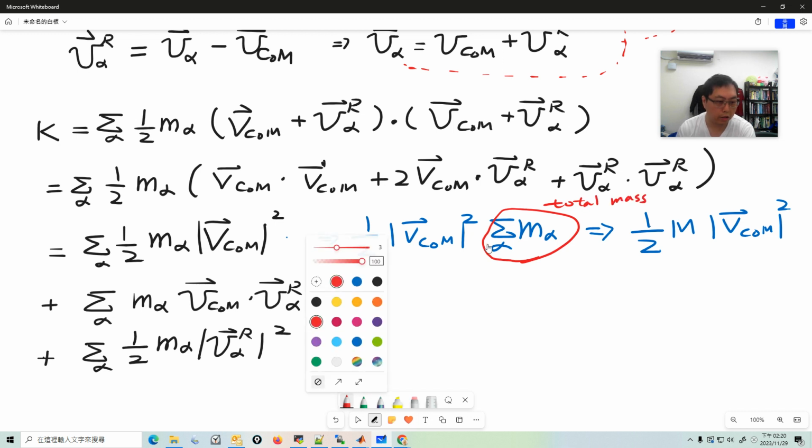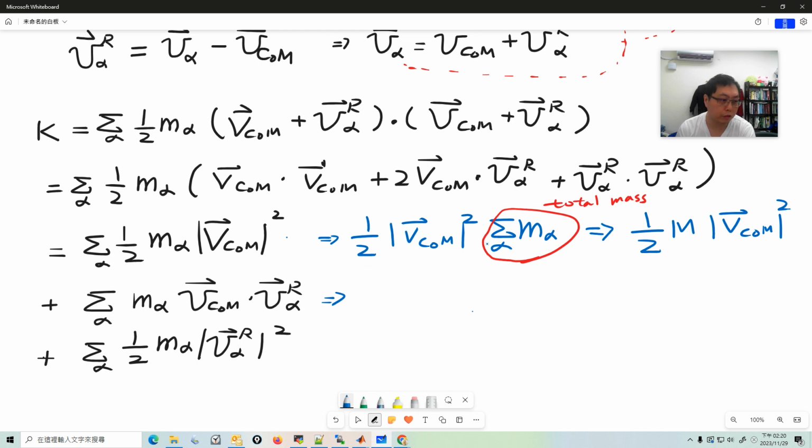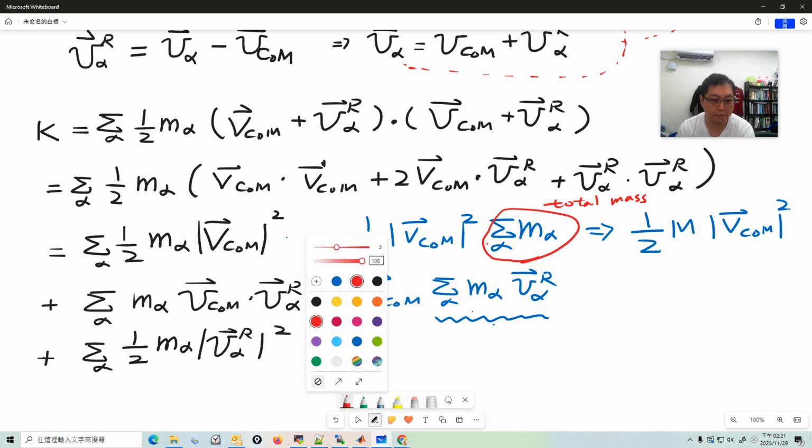So let's look at the second term. The same thing. We only care about the summation alpha. So V_COM has nothing to do with the summation alpha, so we can factor it out. And it's summation alpha, m alpha, V_R alpha. So the next problem is, what is this term? Actually, it is the total momentum in the center of mass frame. Do you see that?